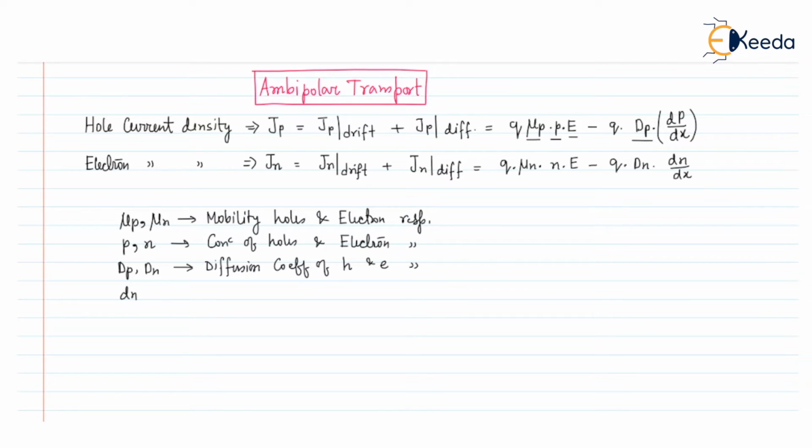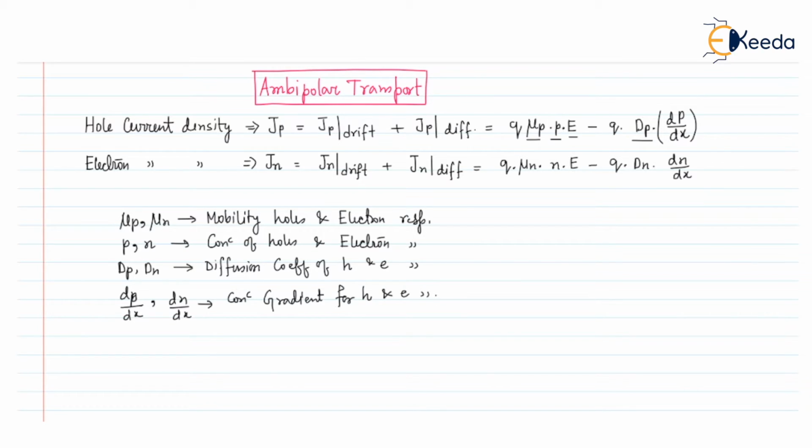Similarly, dp by dx and dn by dx are the concentration gradients for holes and electrons respectively.